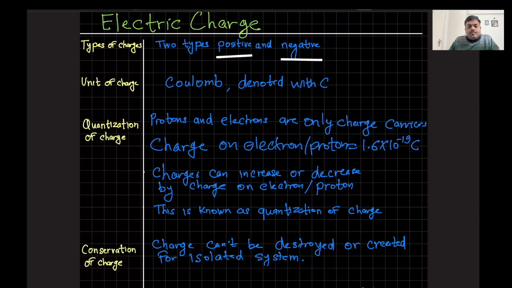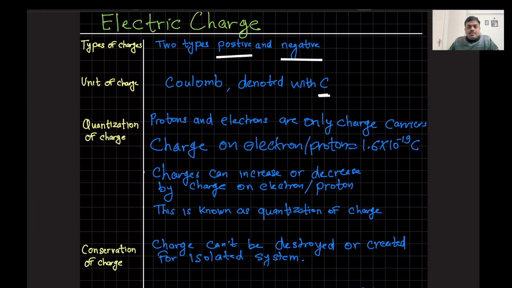What we have observed in nature is that like charges repel each other. So two positively charged particles or two negatively charged particles would repel each other. There is a force in between them. And two unlike charges, for example positive and negative, would attract each other. In a moment we would get to see the magnitude of force and how we can calculate that.